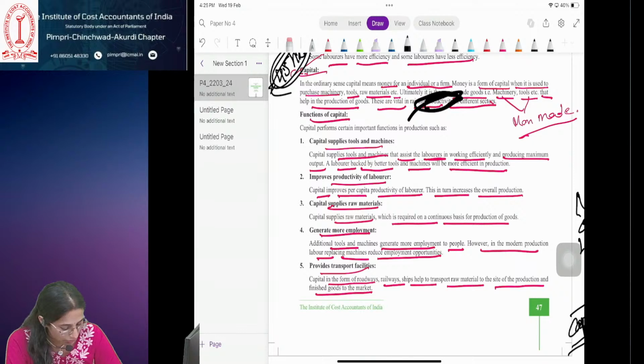Capital supplies raw materials which are required on a continuous basis for the production process, right? Raw material will be required on a continuous basis. Once the raw material reaches a minimum level where we have a shortage, before it goes beyond a certain level, we again place the purchase order and get the raw material, right?